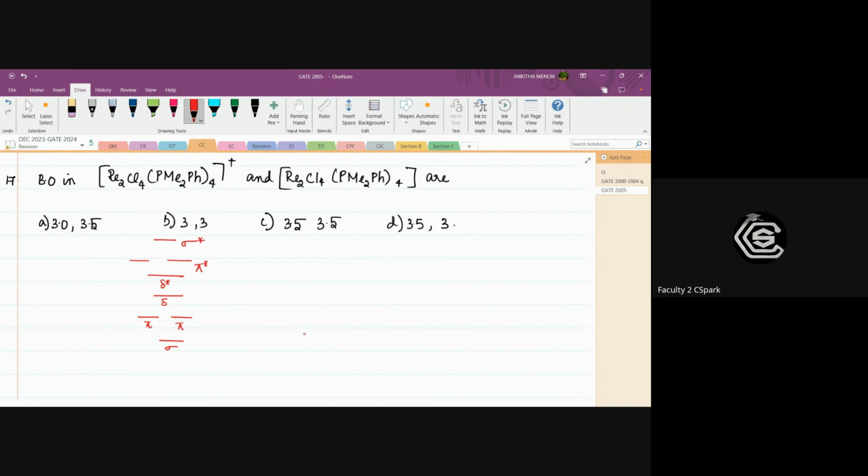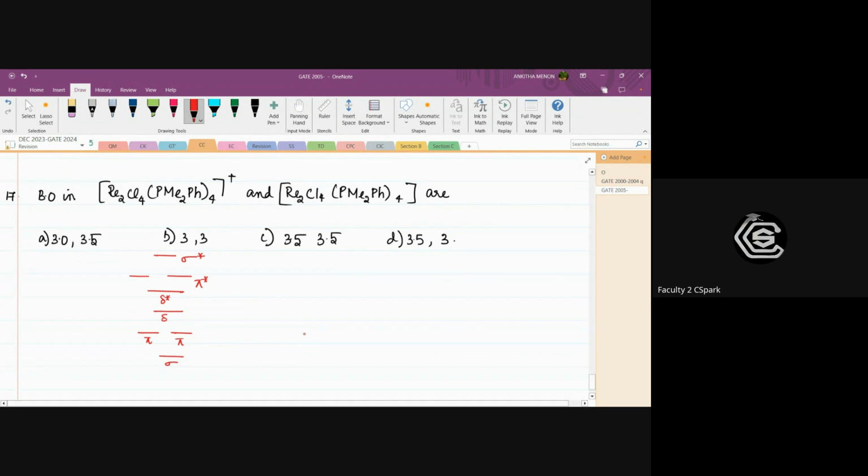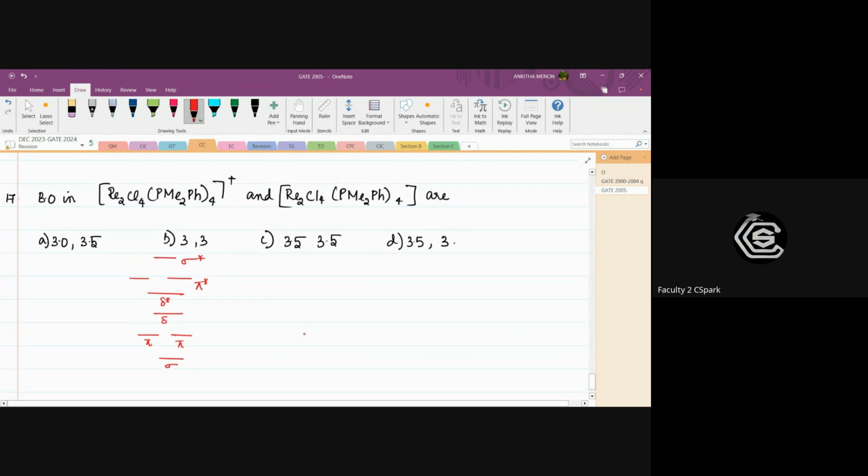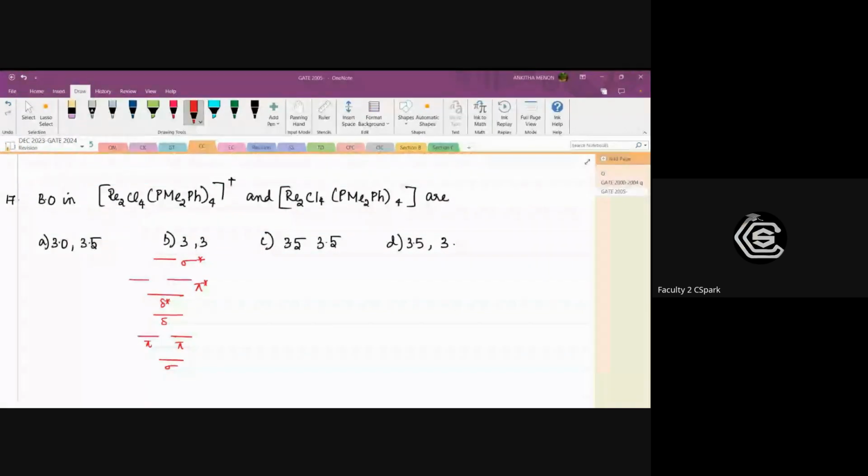First, to know how many electrons to fill in, you have to know how many electrons this metal contributes. So you find the total number of electrons contributed by the rhenium. Find the oxidation state.